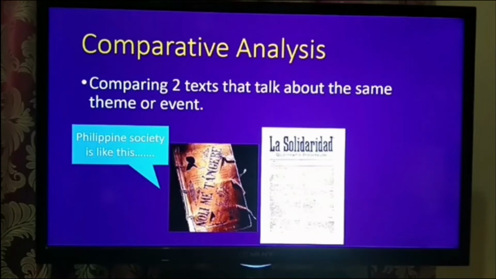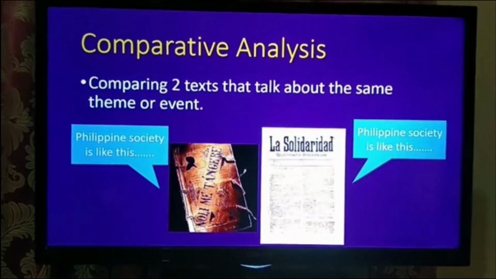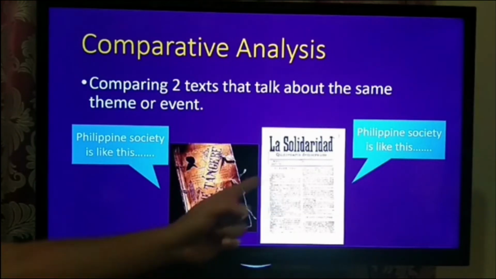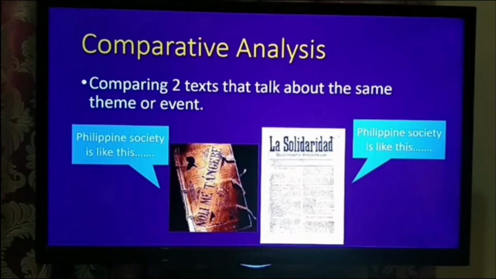Okay, and La Solidaridad also has its own version of how they portray Philippine society in the same period, in the 1800s. And the same thing we can see in this case, okay, that La Solidaridad also talks about abusive Spaniards and Filipinos struggling to have some reforms, okay, from the Spaniards.